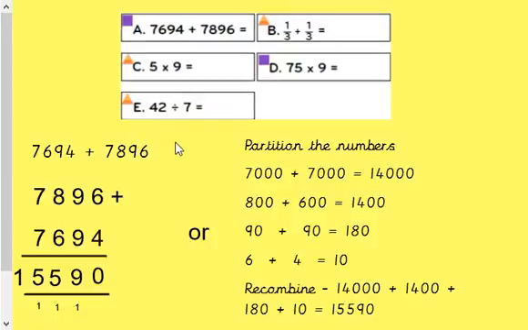Okay, the last question we've got in our starter this morning is 7,694 plus 7,896.